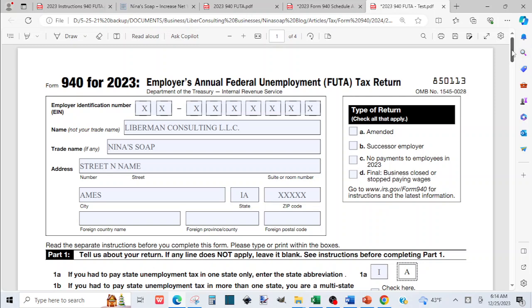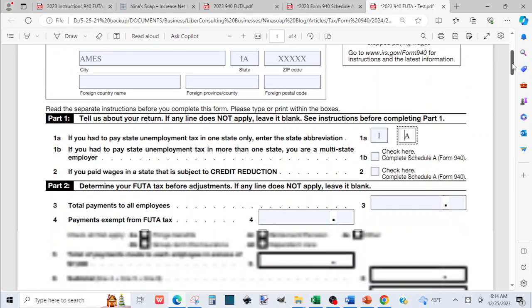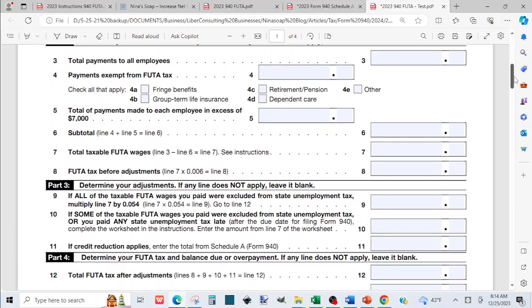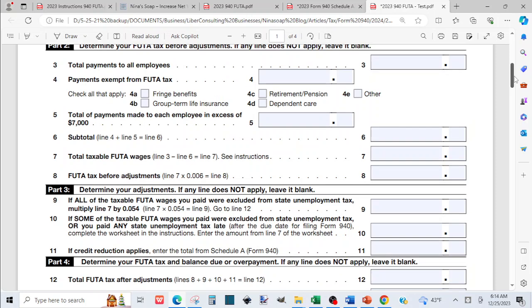But if you have deposits to make, depending on the threshold, you will make deposits quarterly during the year, but you file the return once a year, and it is due by January 31st. For the 2023 Form 940, it is due by January 31st, 2024. So the total payment to all employees that they are asking here is for the whole year.